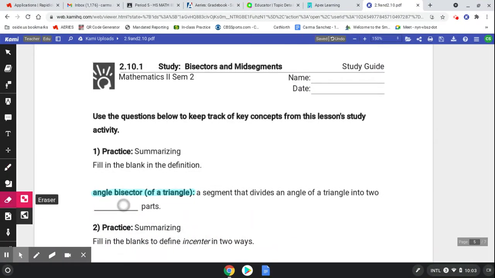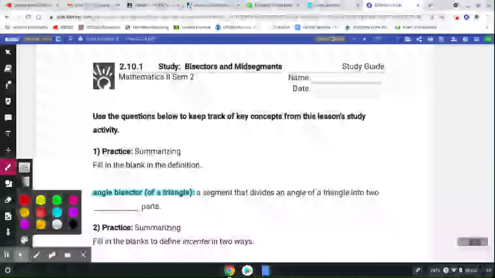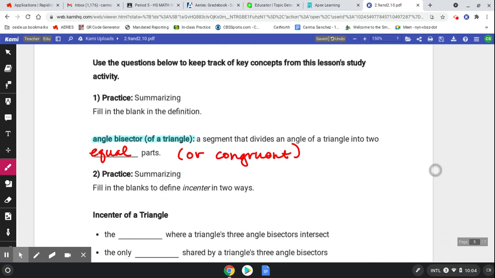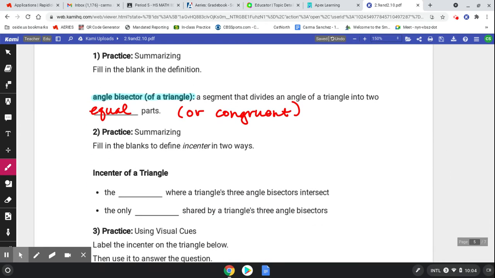You can also say congruent there if you prefer. So an angle bisector of a triangle, it's a segment that divides an angle into 2 equal parts.